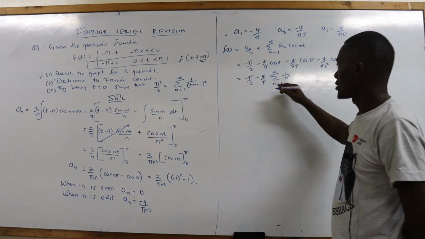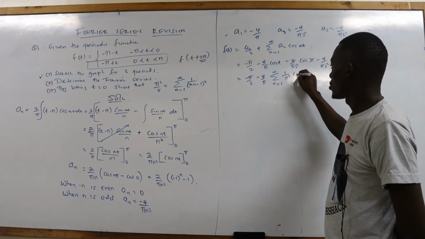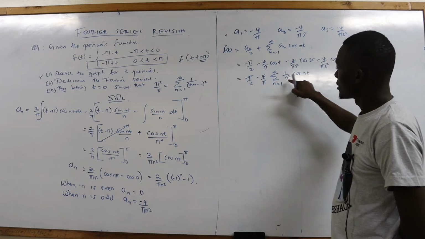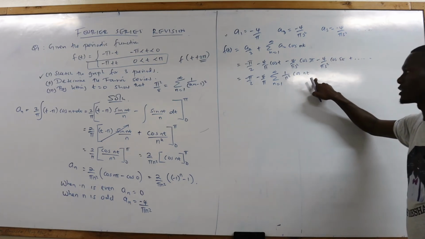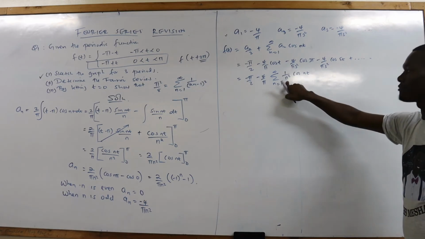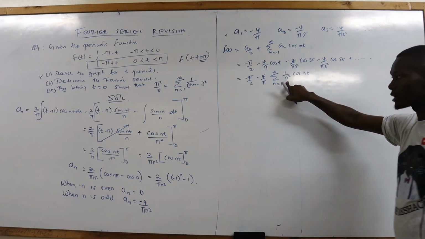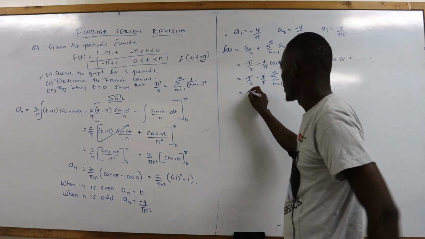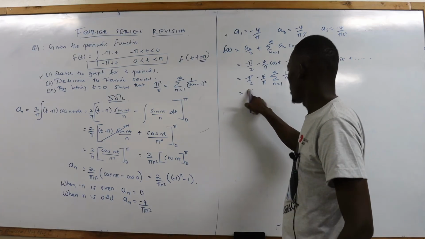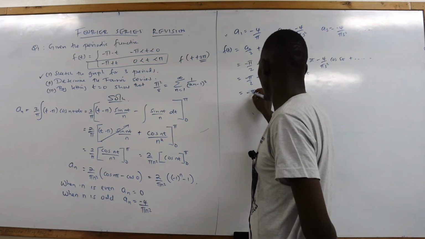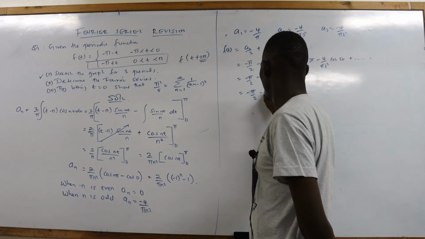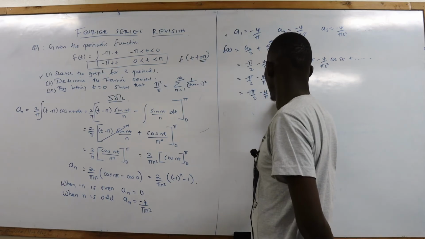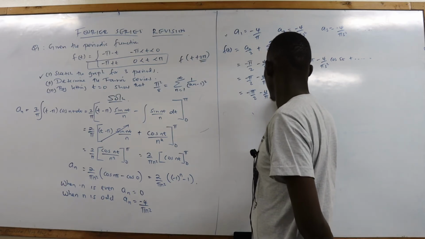Now I want us to flow together, then cos nt. But this still is not very well defined, because our n value is supposed to be odd numbers only. So we say it is negative pi over 2 minus 4 over pi, summation n equals 1 up to infinity.